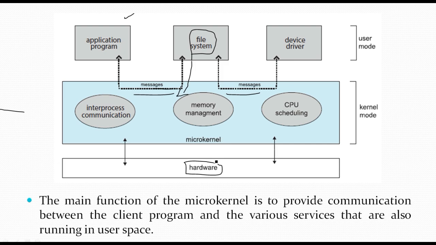Therefore, we are saying that the main function of the microkernel is to provide communication between the client program and the various services that are also running in the user space.